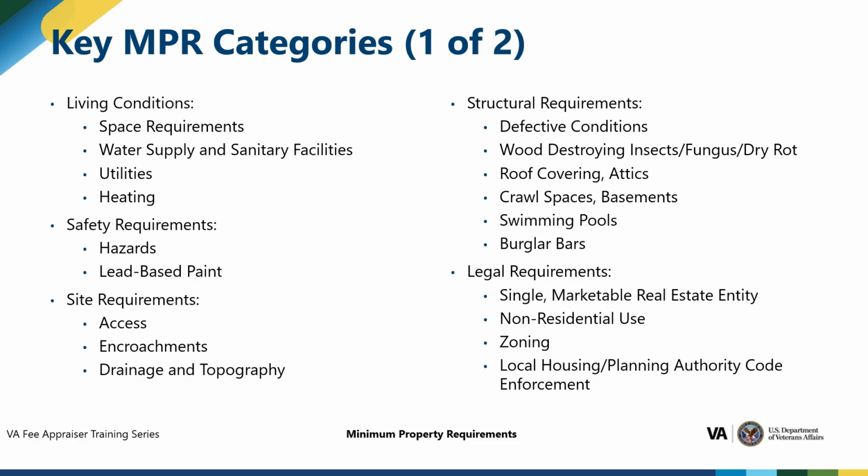Structural requirements for defective conditions, wood-destroying insects, fungus or dry rot, roof covering, attics, crawl spaces, basements, swimming pools, and burglar bars. Legal requirements for a single marketable real estate entity, non-residential use, zoning, local housing, or planning authority code enforcement.